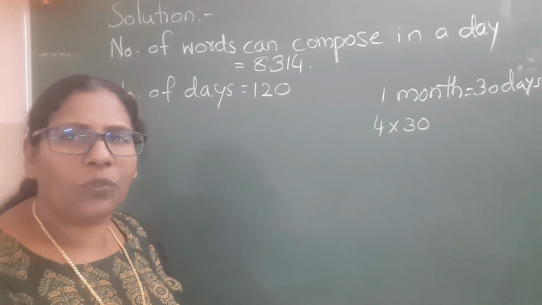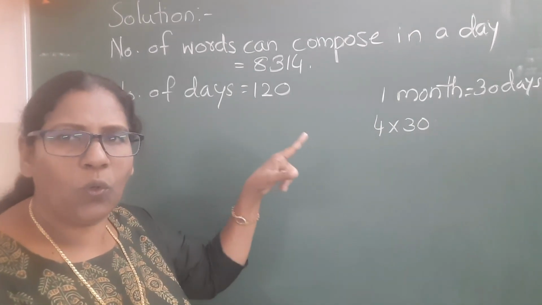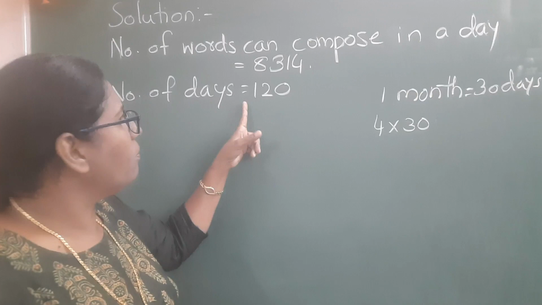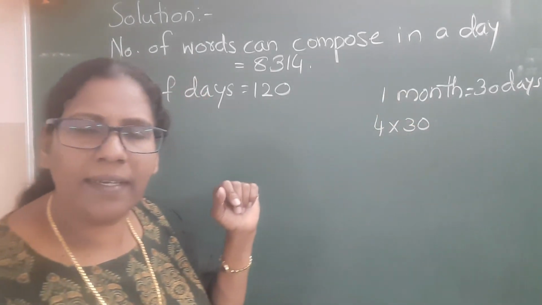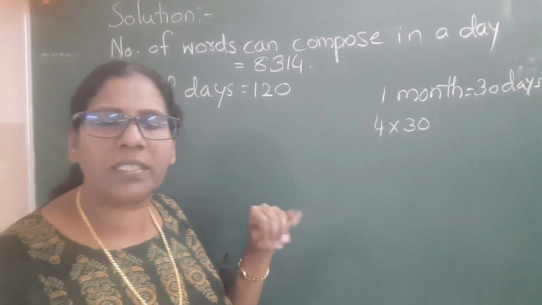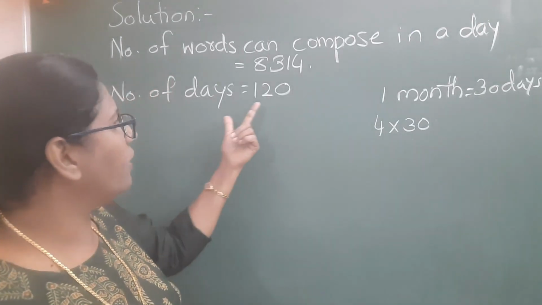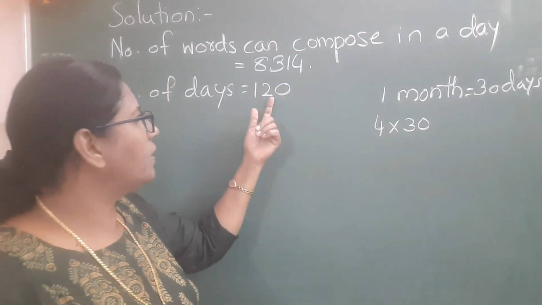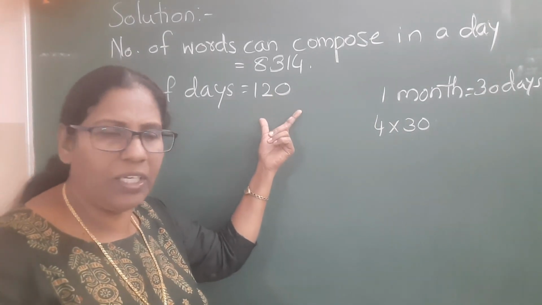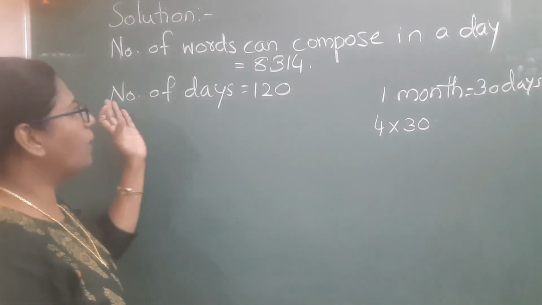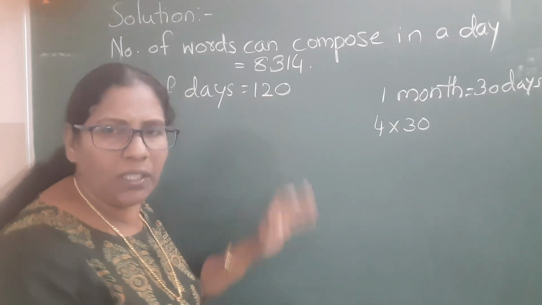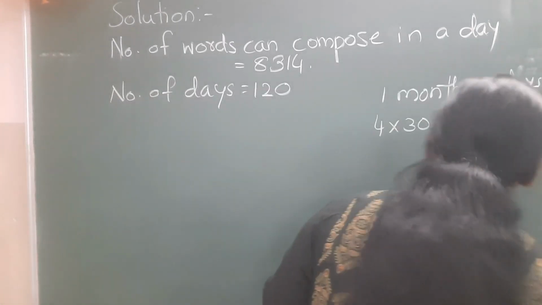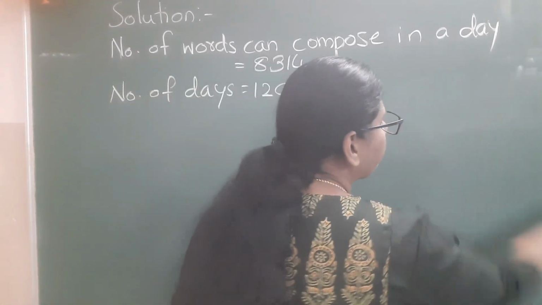So first we have to convert months into days. 1 month is 30 days. Then in 4 months how many days? 4 3s are 12, then we put this 0 in front. So 120 days. This is the easy way of doing multiplication. So number of days is equal to 120. We got it. Now I will erase this.